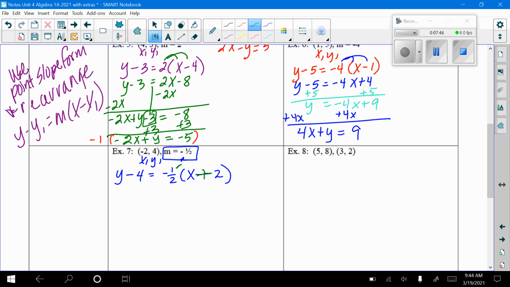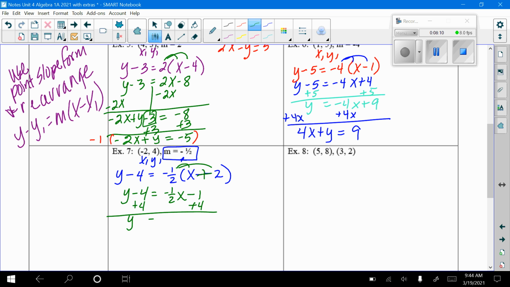Now I'm going to go ahead and distribute that slope to it. So I have y minus 4 equals negative 1/2 x. Negative and a positive is a negative. Half of 2 is 1. Now I want to move, I think I actually like moving my plain numbers first. So I'm going to add 4 to both sides.